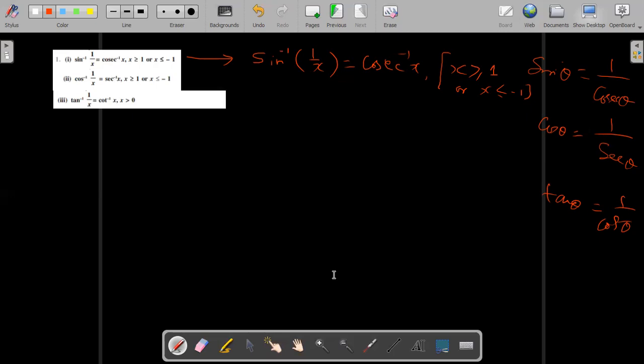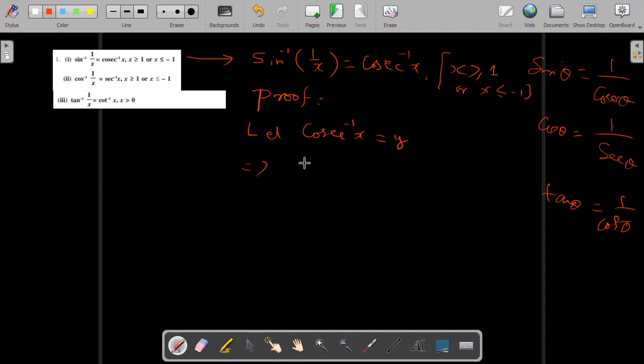Okay, so to prove this result, let cosec inverse x be equal to y.